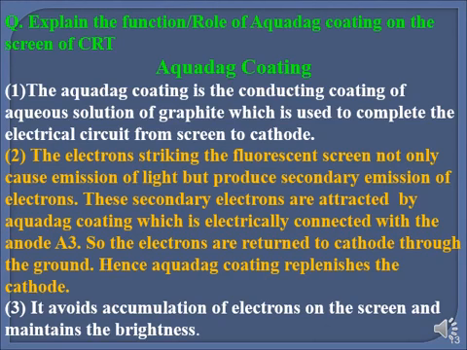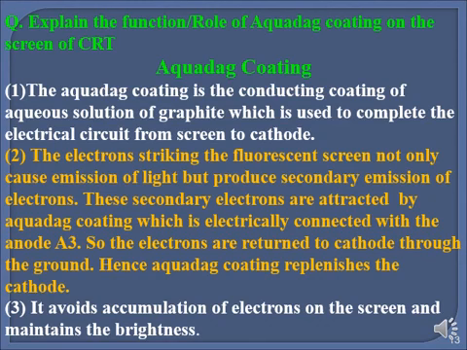Hence, the intensity and brightness of the electron beam is affected. So these secondary electrons are attracted by the aquadag coating, which is electrically connected with anode A3. And so these electrons are returned to the cathode through ground because it is connected to A3. Hence, the aquadag coating replenishes the cathode.